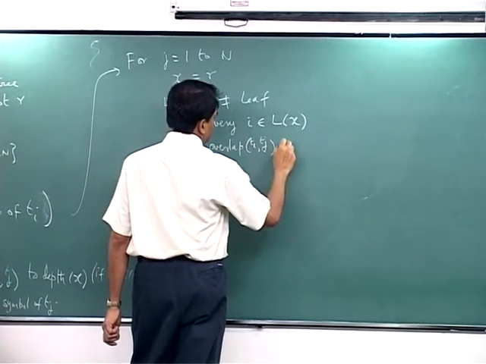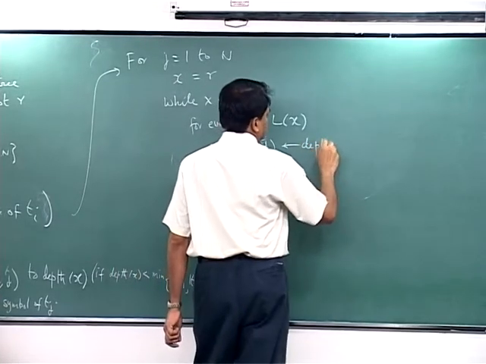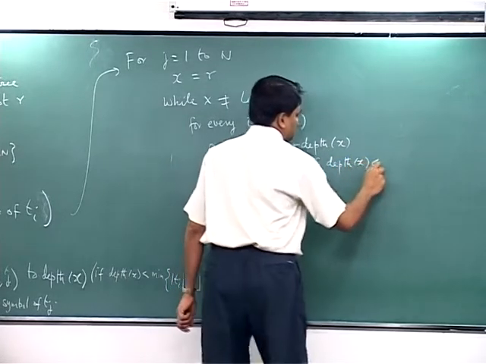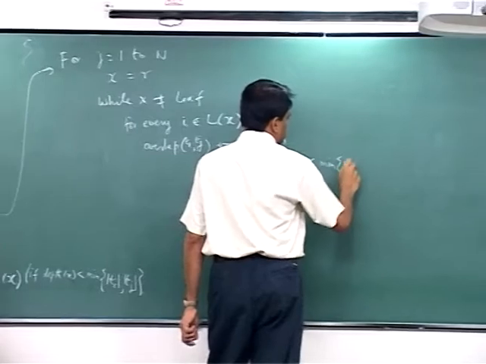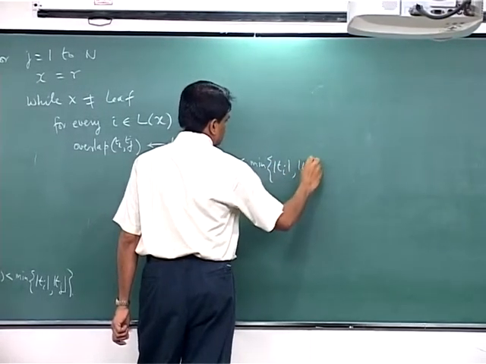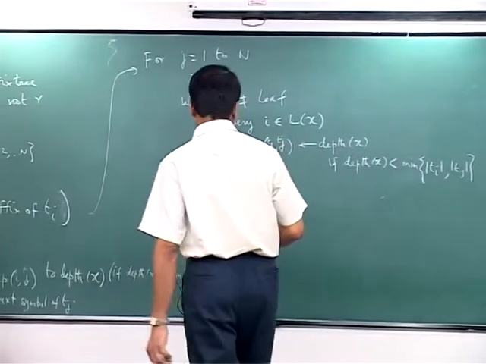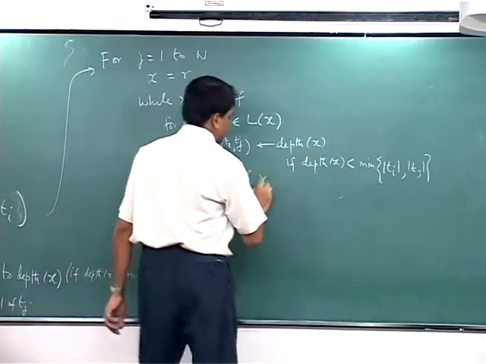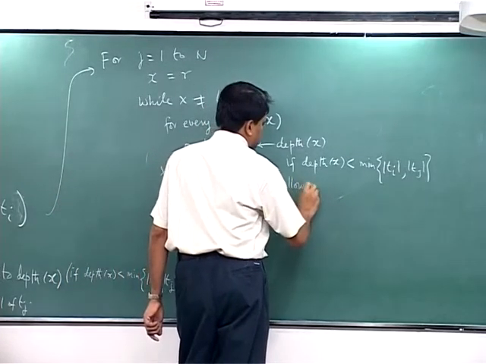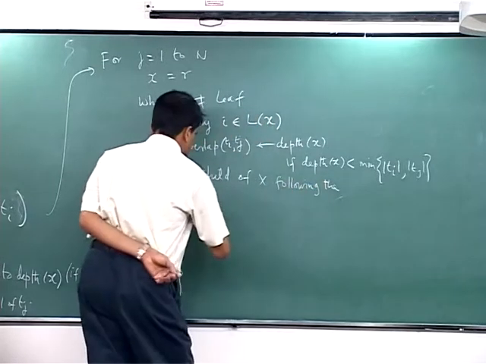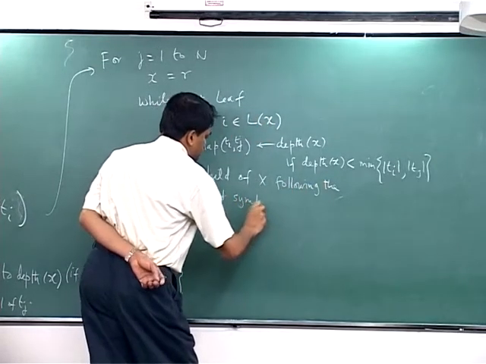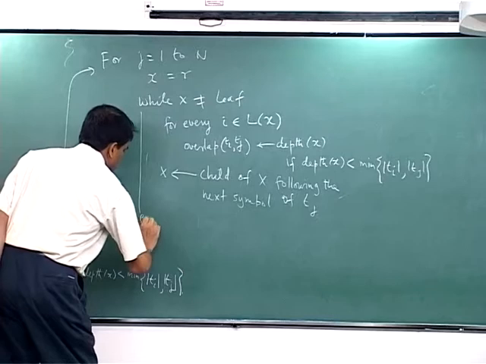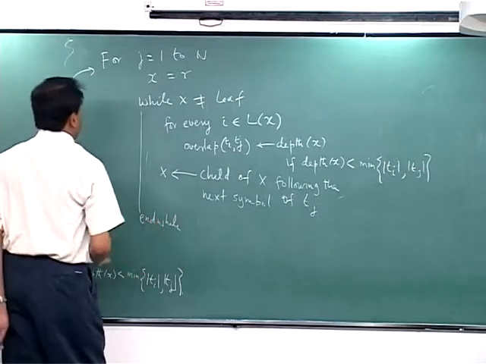On Ti, Tj. And then I move to x. So this is end while and end for.